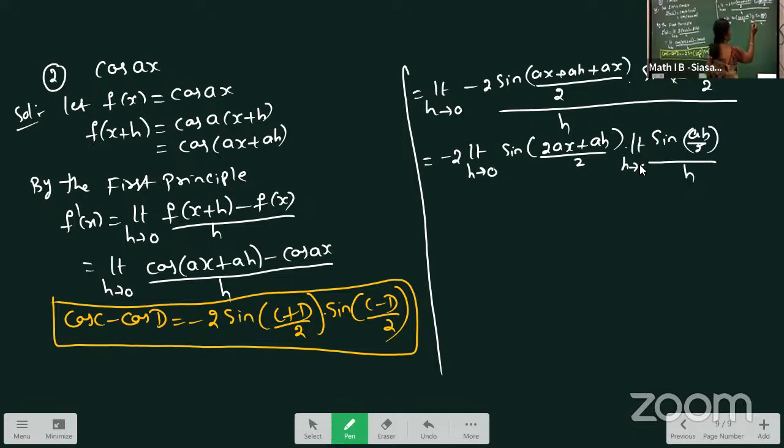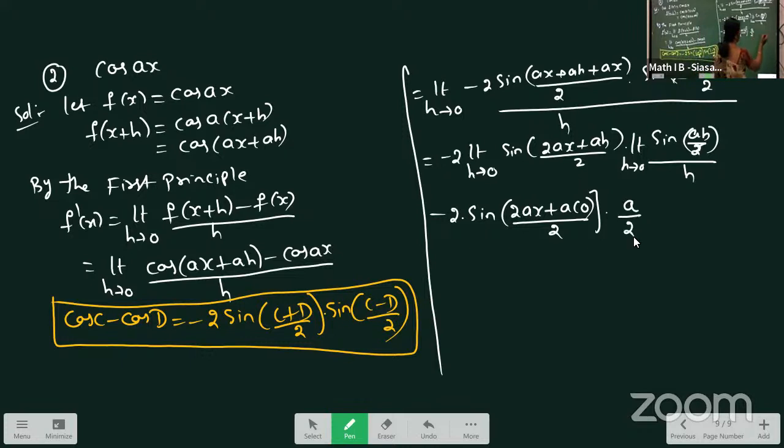Limit h tends to 0. Now substitute: minus 2 into sin 2ax plus a into h value is 0, by 2, into limit h tends to 0 sin ah by 2 by h, value is a by 2.